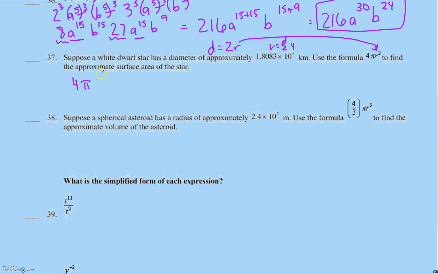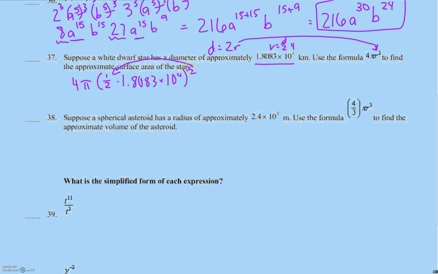So 4 pi, for my radius, I'm going to take 1/2 of my diameter, which is 1.8083 times 10 to the 4th, and square it.